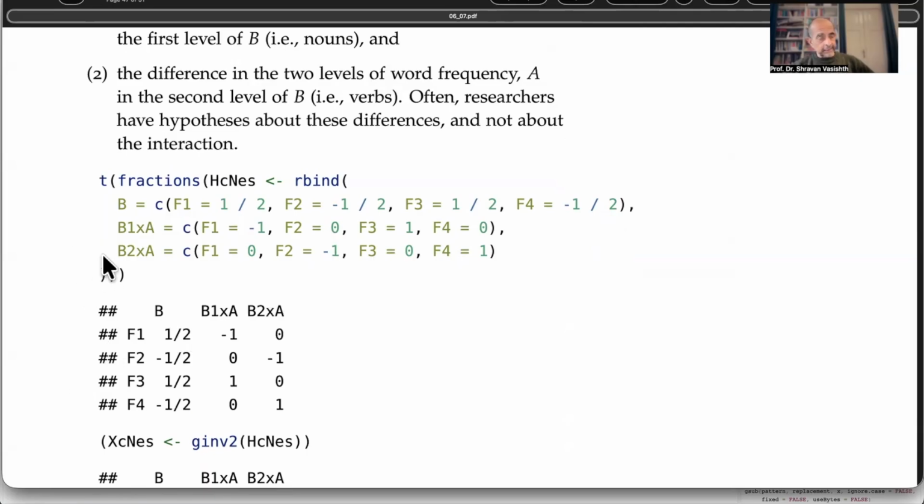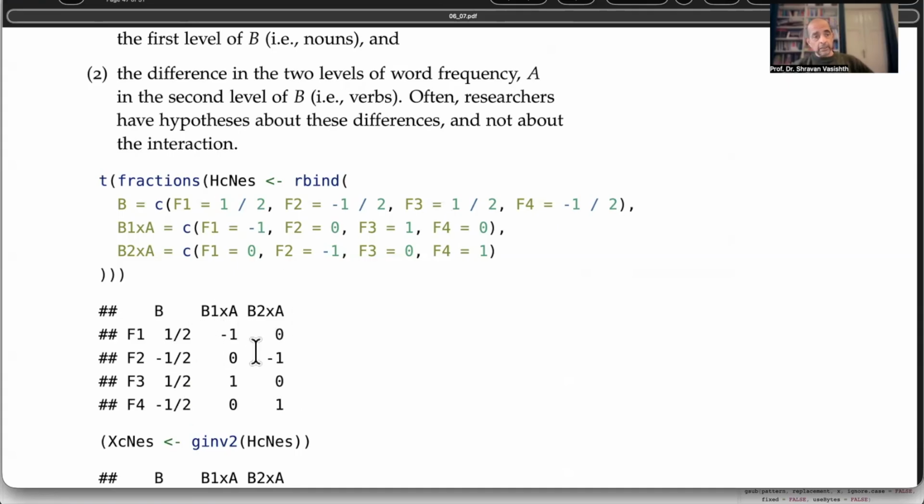Because what we are checking is under the two levels of B, do we have an effect of A separately, right? That's what the nested contrasts do. Like in B1, is there an effect of the two conditions, two levels of A? Under B2, is there a difference between the two levels of A? That's the comparison, that is the nested contrast.